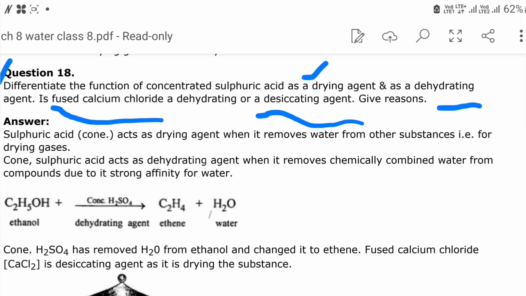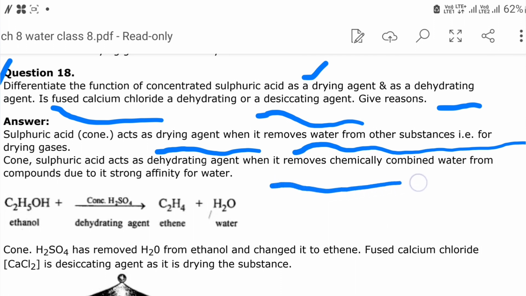Now, sulfuric acid acts as a drying agent when it removes water from substances, for drying gases. Concentrated sulfuric acid also acts as a dehydrating agent when it removes chemically combined water from any compound, due to its strong affinity for water.